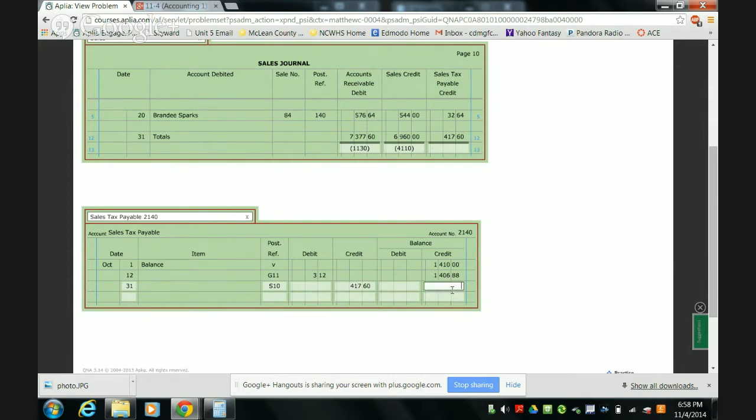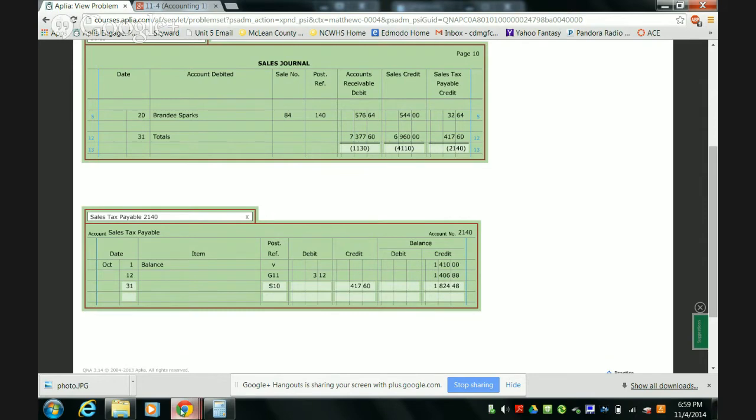Give me a second to do my calculation, and I should end up with $1,824.48. Post that in there again, 2140. And we're good with our sales from there.